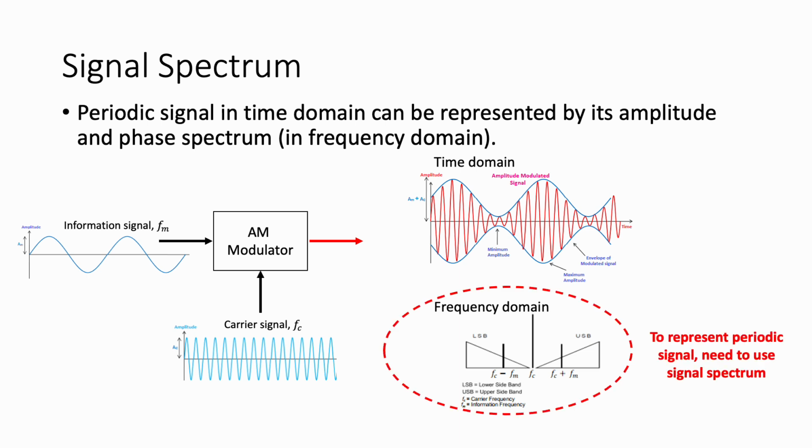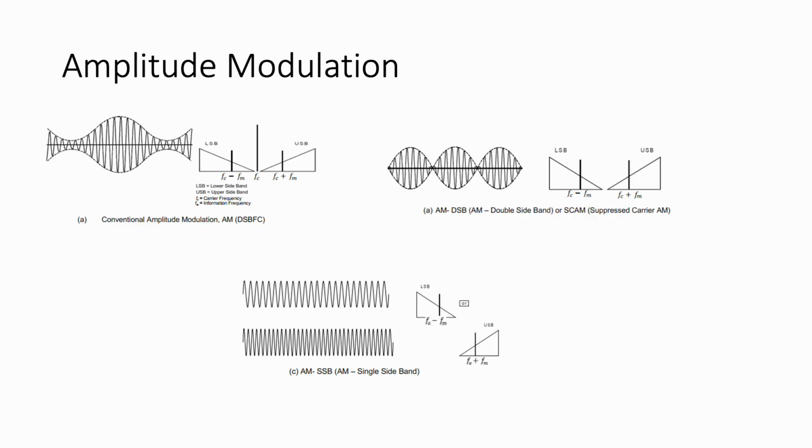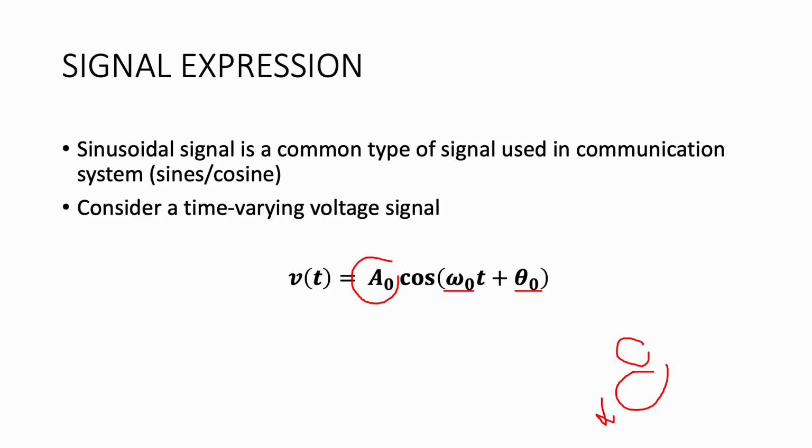It can be represented as the amplitude spectrum and also the phase spectrum. Amplitude modulation is another topic you will learn in the basic lab session in year 2 later.